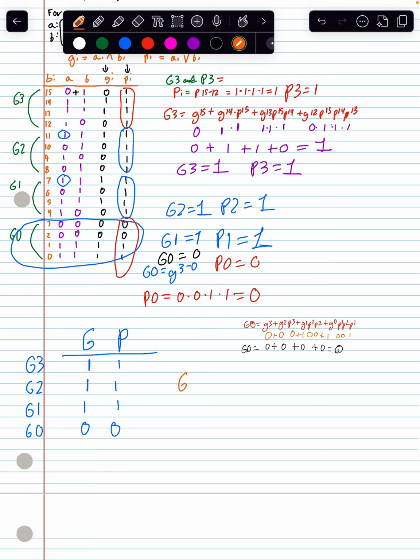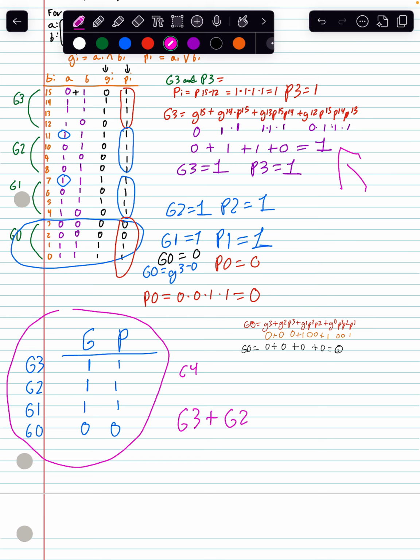So now we're going to compute C4. Now C4 is based off this information. So you're just going to repeat this step up here just on this info here. So we're going to have G3 or G2 and P3 or G1 and P3 and P2 or G0 and P3, 2, and 1.